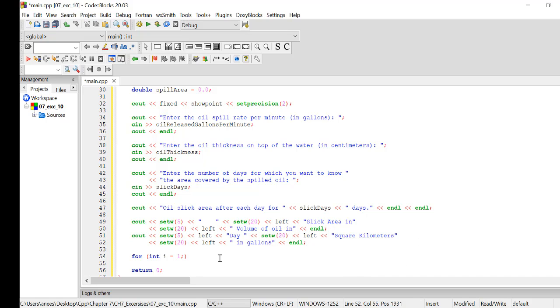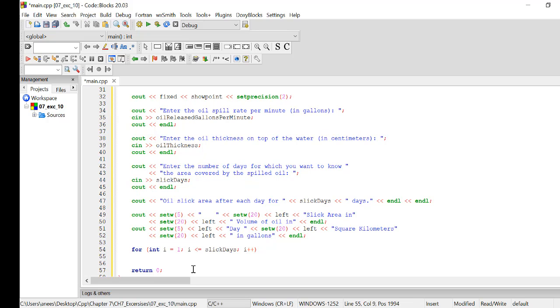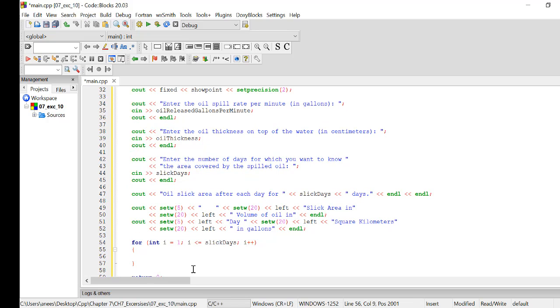There we go. And then i is less than or equal to days, semicolon, and each time this for loop repeats, it does this.